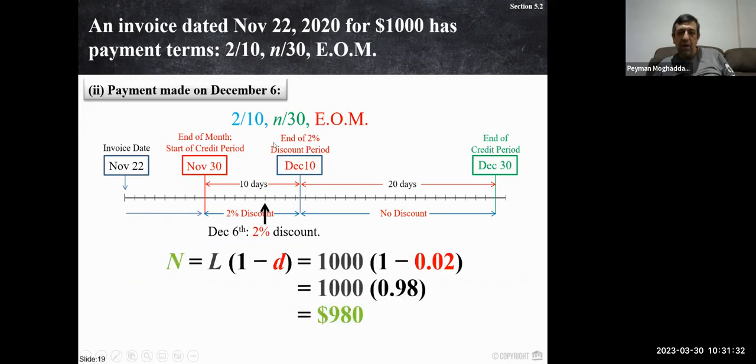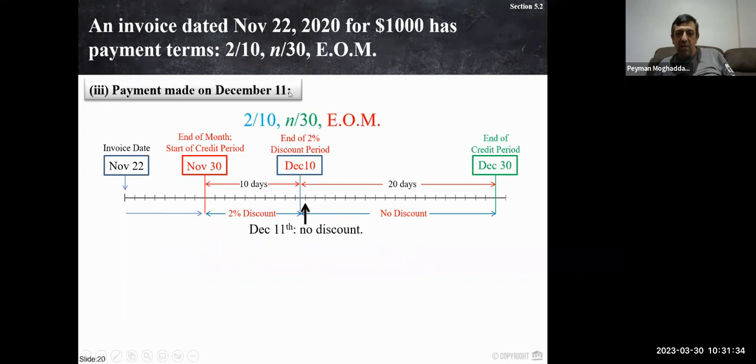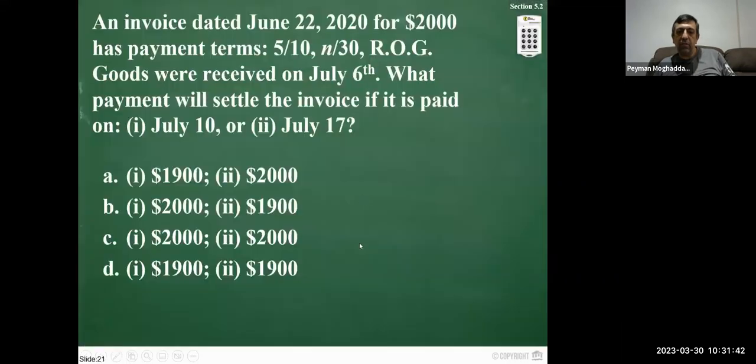And if they pay on December 11, which is one day after December 10, they get no discount. So $1,000.